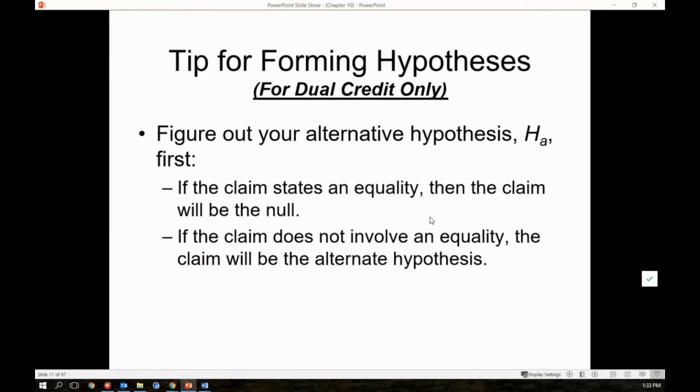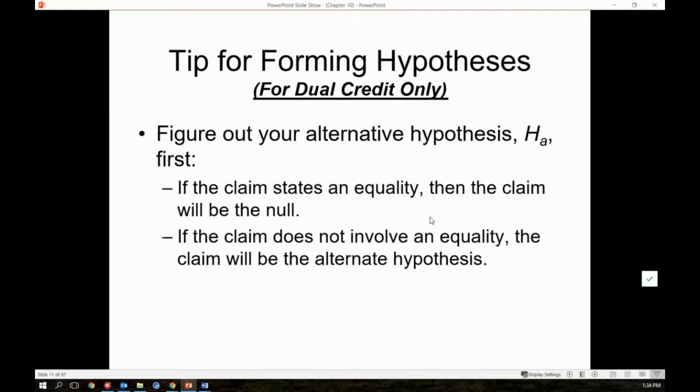Okay, so to figure out our hypotheses, it's a good idea to start with the alternative hypothesis first. If the claim states an equality, then that claim will be the null. Otherwise, we'll write the alternative first, and that's based on what's given in the problem. If we're interested in something being less than 12,000, then that's our alternative.